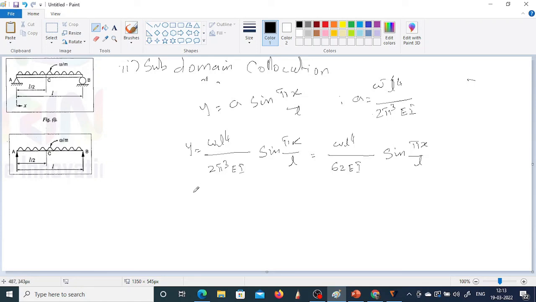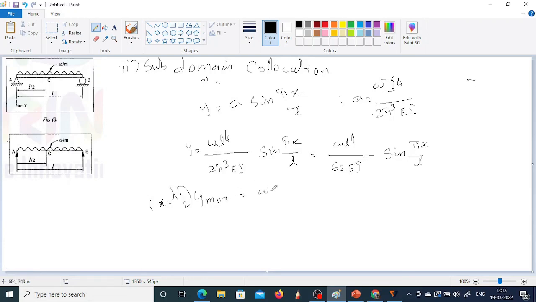So we can identify y maximum occurs at x equal to L by 2. So what happens? I can substitute the term L by 2 in x.